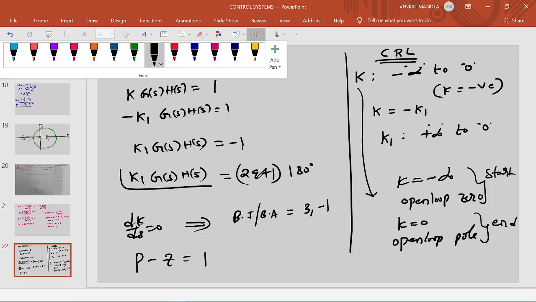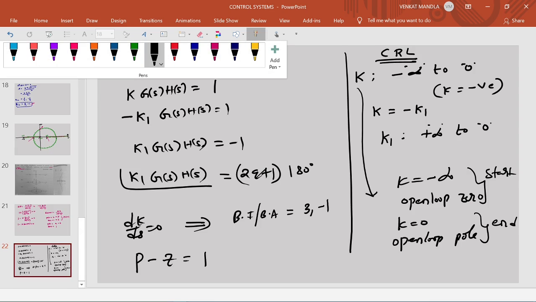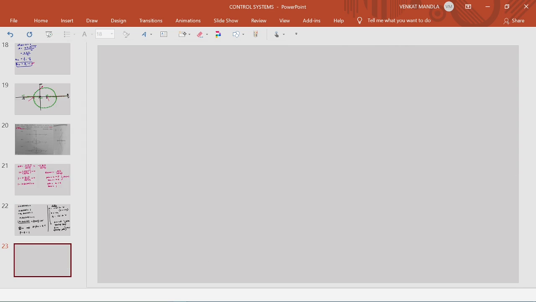And what is the angle of asymptote? That is important. 1 minus k gs. Here theta a is odd multiples of 180 degrees.